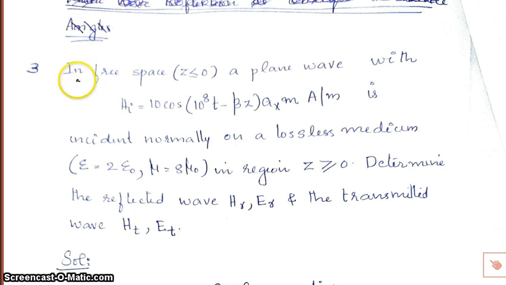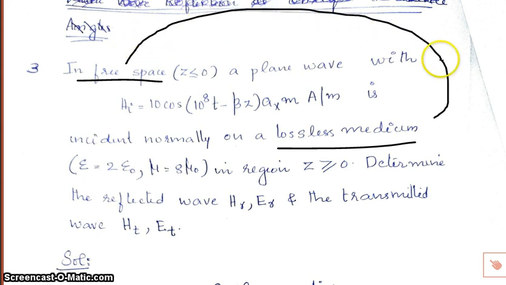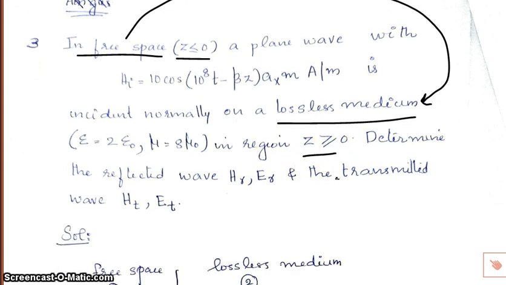So first you have to understand the question, that is, in free space a wave with H_i is incident normally on a lossless medium. So the wave is traveling from free space to lossless medium. Also it is mentioned that free space is z less than 0 and lossless medium is z greater than 0.